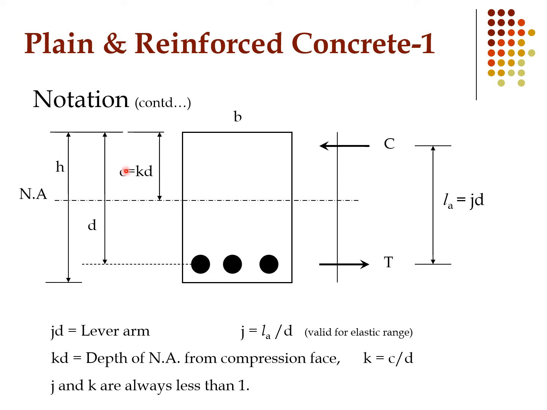The neutral axis is the centroid of the cross section. The distance between the resultant compressive and resultant tensile force is LA, which equals j times d. jd is the lever arm, kd is the depth of the neutral axis from the compression face, and j and k are always less than 1.